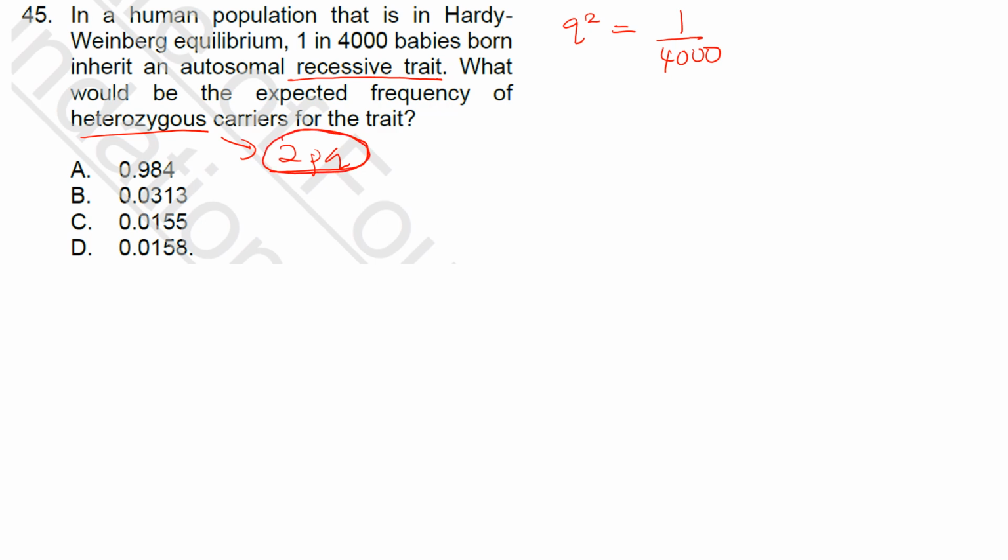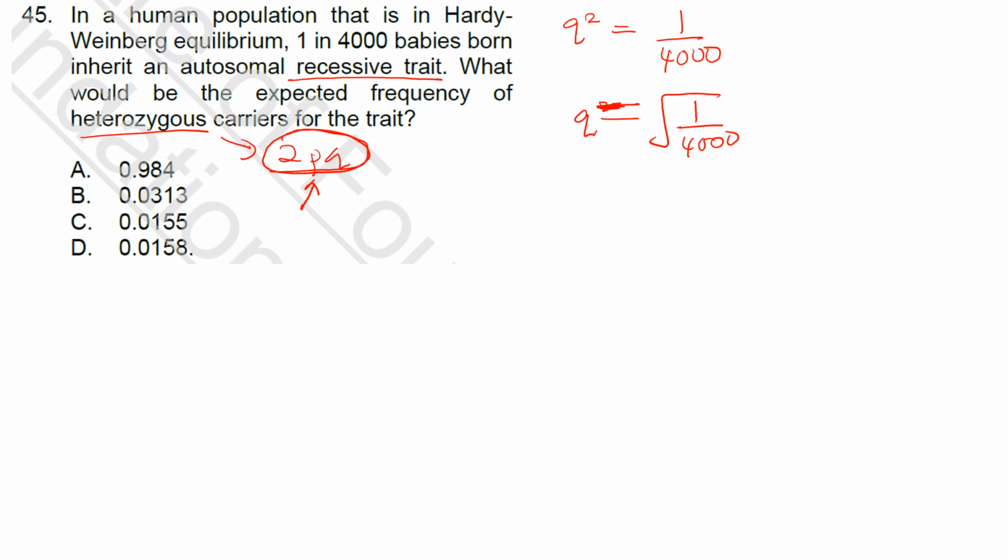In order to get the frequency of the heterozygous, you need to determine the value of P. To get the value of P, you will need to get the value of Q first. So from here, you have to take the square root of 1 over 4,000.